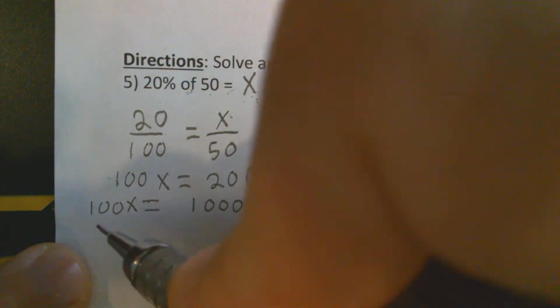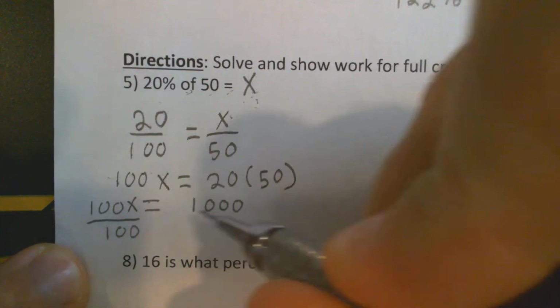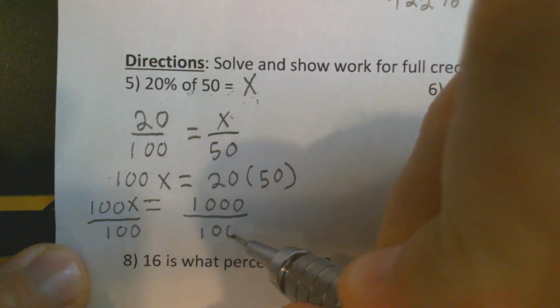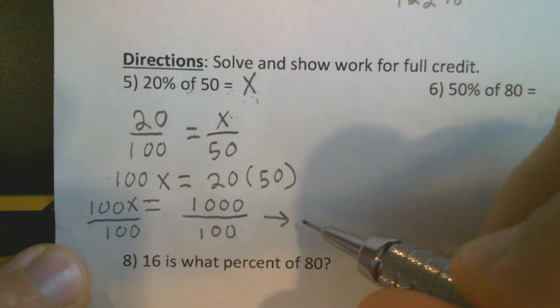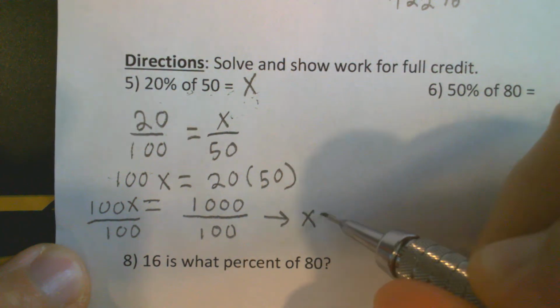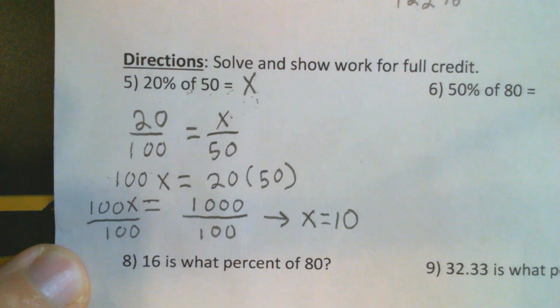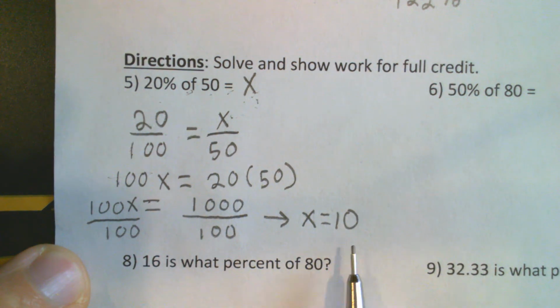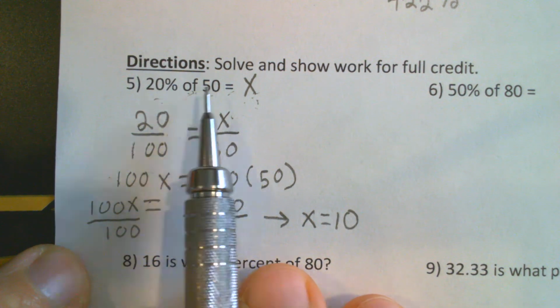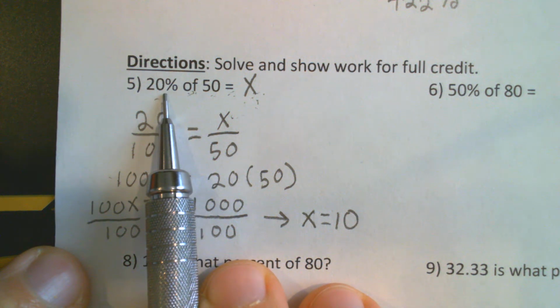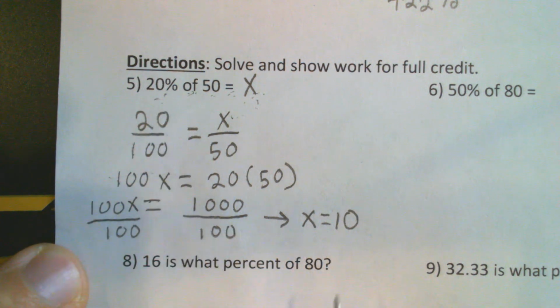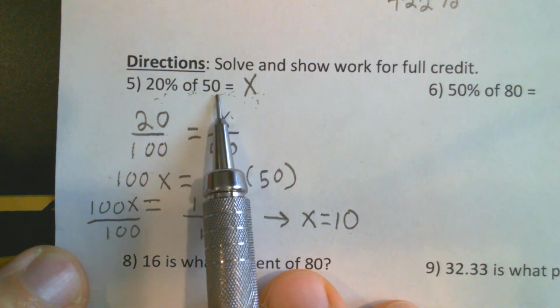Divide by 100 to get x by itself. And we will get x equals 10. What this is saying is 20% of 50 is 10, which makes sense. This is 1/5 of 100, 1/5 of 100%, and 10 is 1/5 of 50.